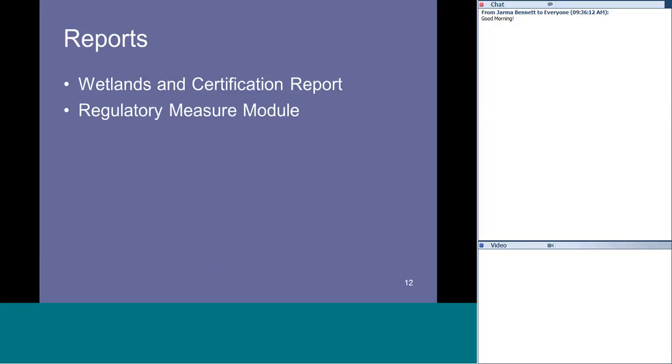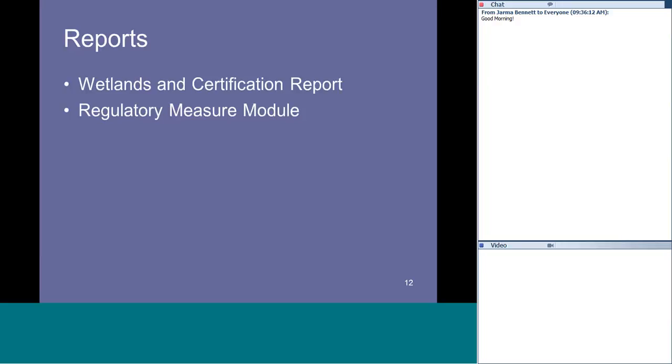I'm actually not going to go into reports too much right now because of time, but I do want to highlight there's a wetlands and certification, actually 2 reports specific to this program to display impacts and mitigation.